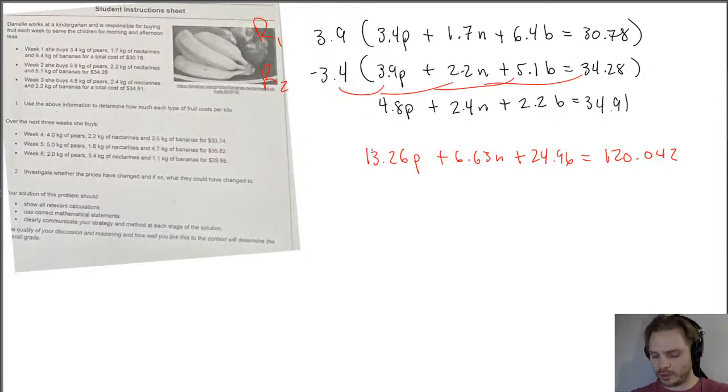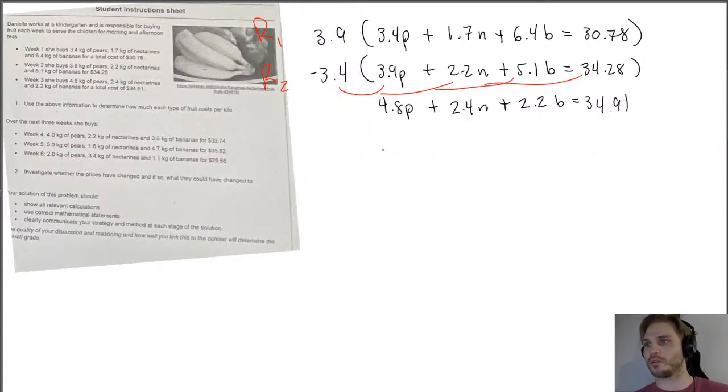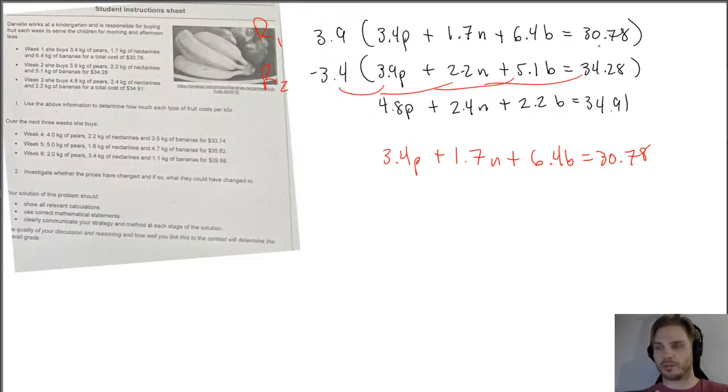Okay, so 3.4 times 3.9, oh, duh. Okay, so let me just get rid of this. So 3.4p plus 1.7n plus 6.4b equals 30.78. The first equation is not going to change. The second equation is about to change right now. So this becomes 0p plus, now we got to do 3.9 times 1.7 minus 3.4 times 2.2.